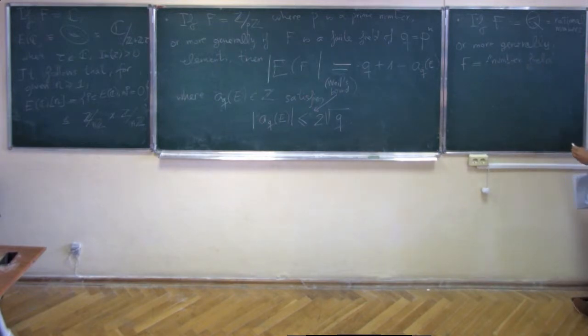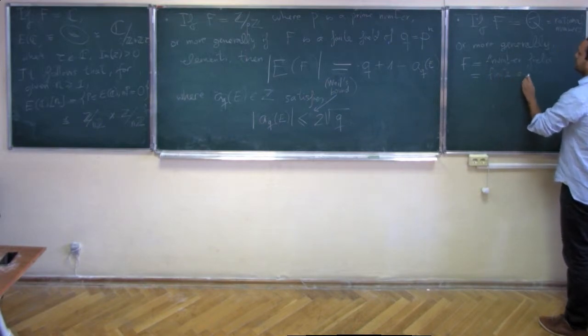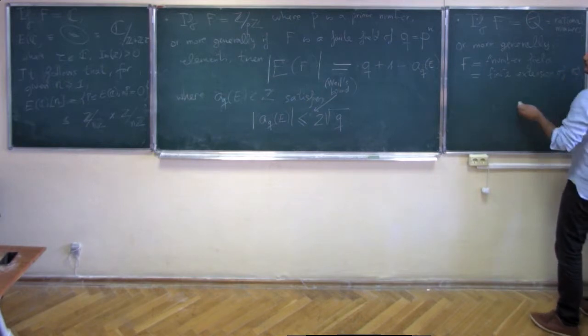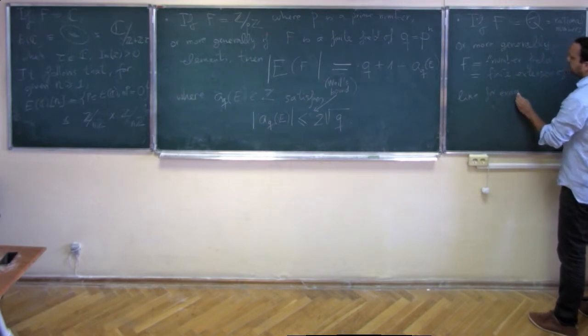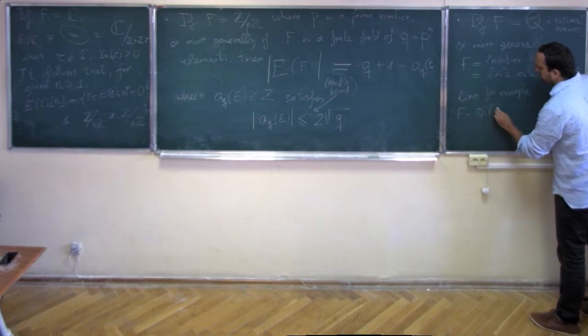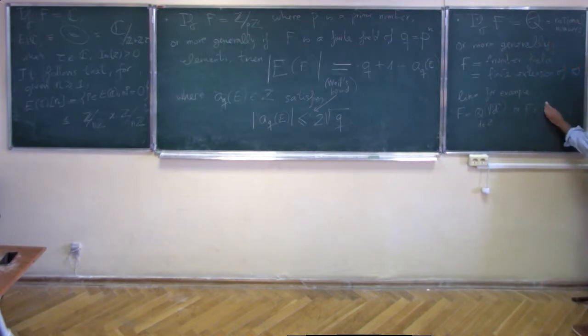This is just a name for a finite extension of Q, like for example a quadratic extension, or a cyclotomic field, which is the field that you obtain when you adjoin a root of unity.